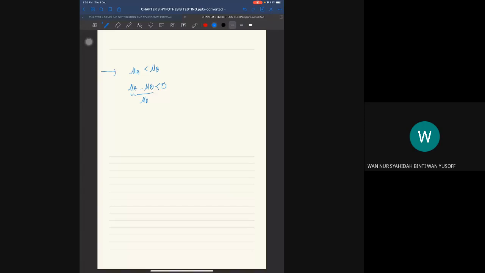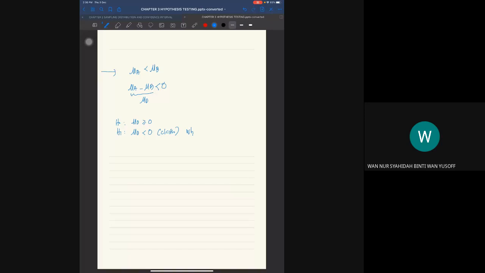So mu D less than 0, do you have H0 or H1? H1. So H0 is the opposite, mu D greater than or equal to 0, and the claim will be H1. For the dependent sample, we have to notify what D is.